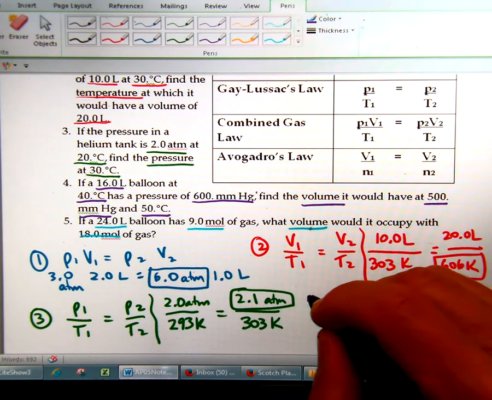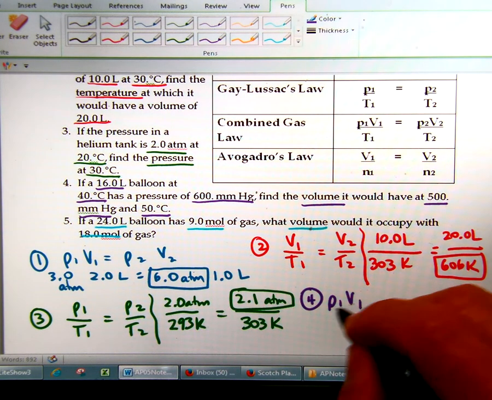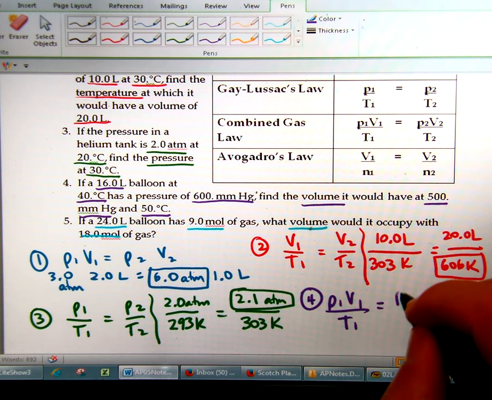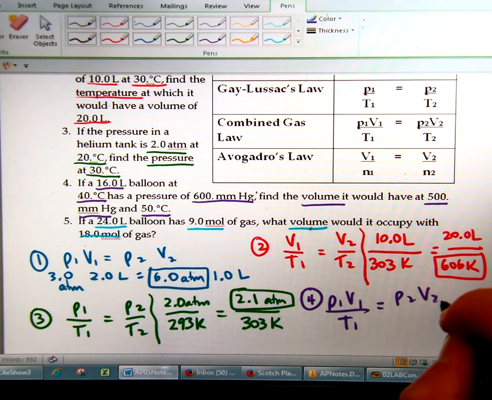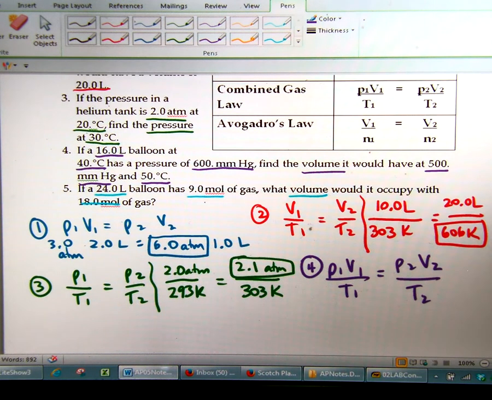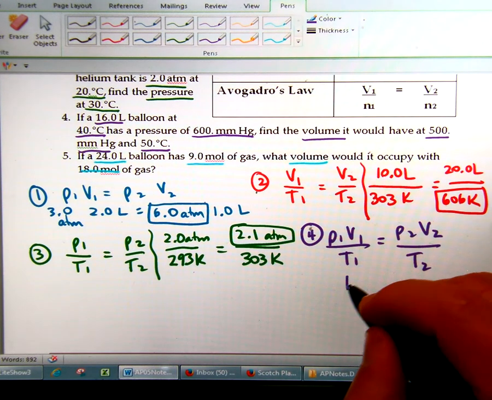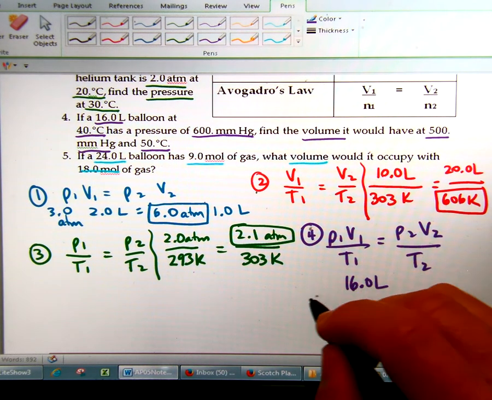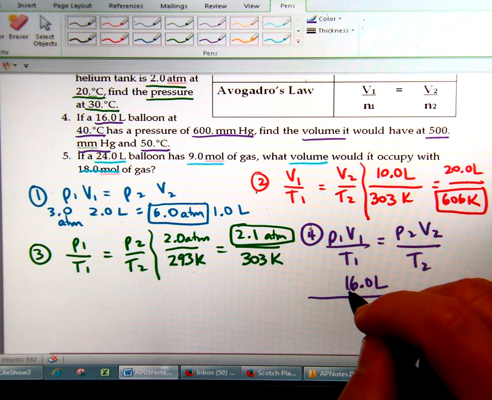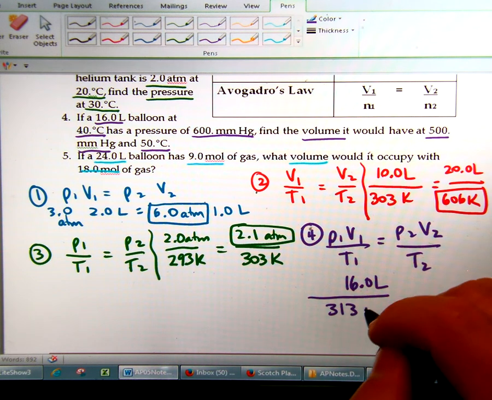Okay, the fourth problem is going to be P1 V1 over T1 equals P2 V2 over T2. I'm going to have to move this up a little bit. So 16 liters is the first volume. 40 degrees Celsius, you have to change to Kelvin, so it's going to be 313 Kelvin.